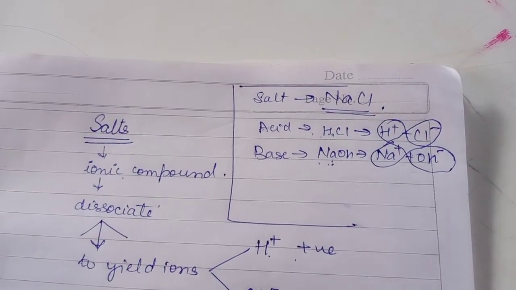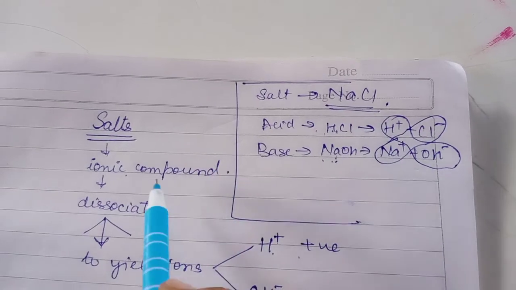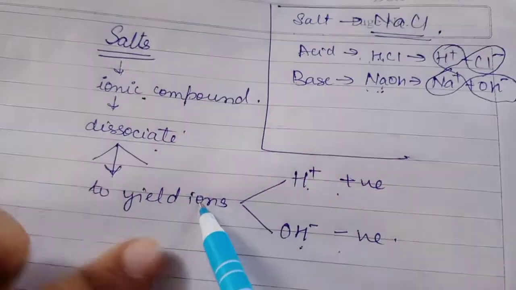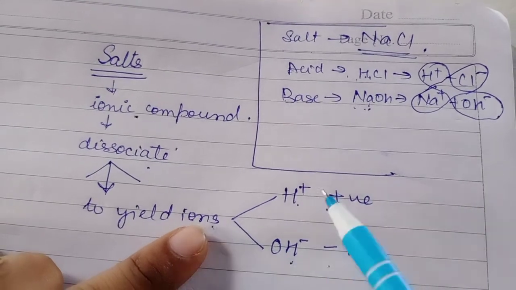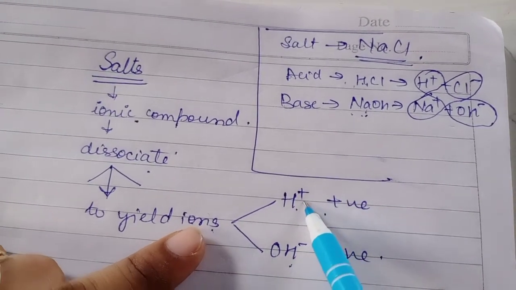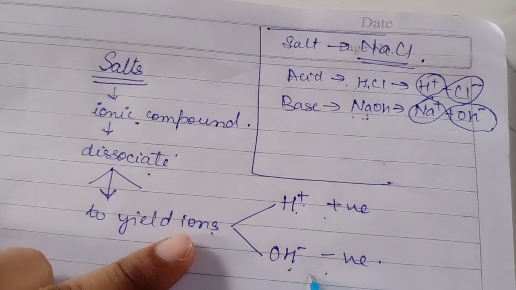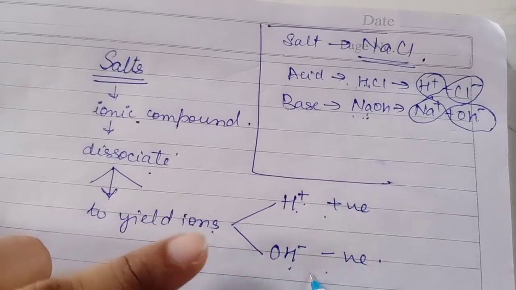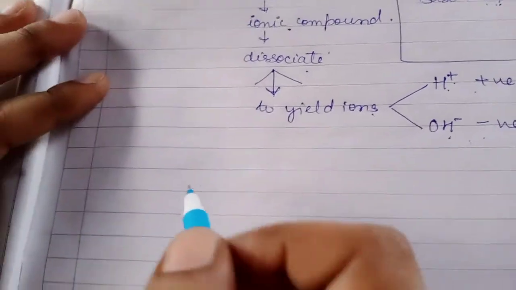Are you getting? So ionic compound dissociates and yields ions. Now what type of ions will it yield? It will yield positively charged H plus ion and negatively charged OH minus ion. Are you getting? Okay. Now how is a salt formed?